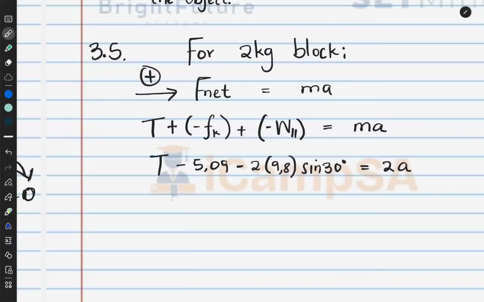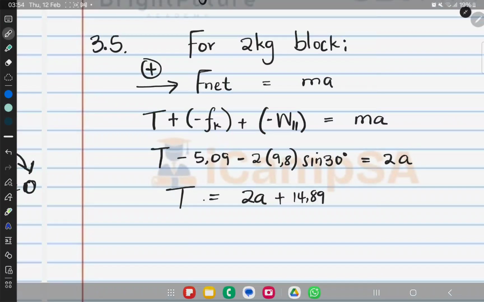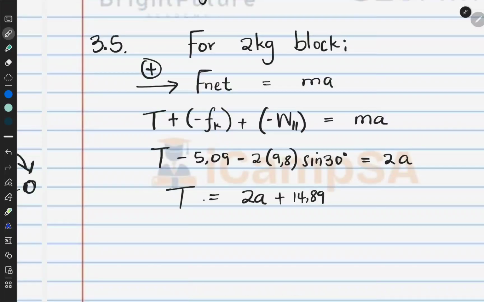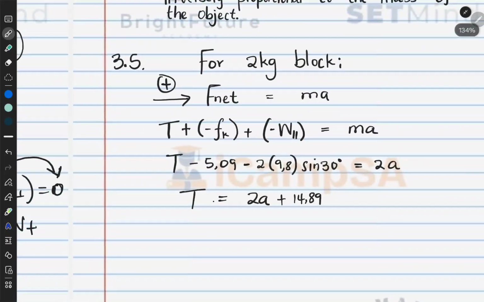So now we have T is 2a plus 14.89. But this is not cast in stone. It's not a rule. You could have made a the subject. It's all up to where the calculations lead you.